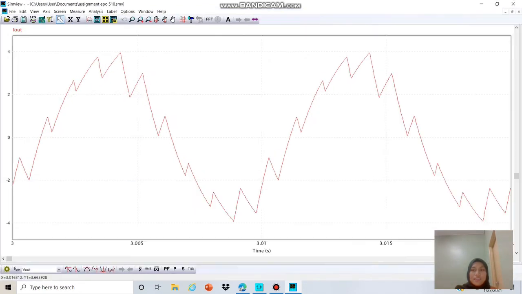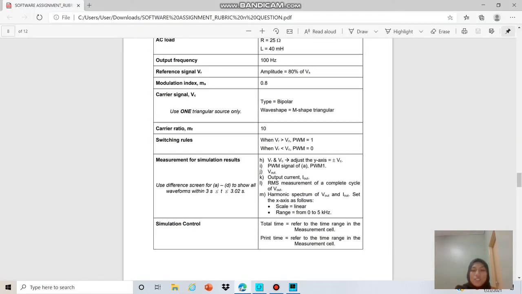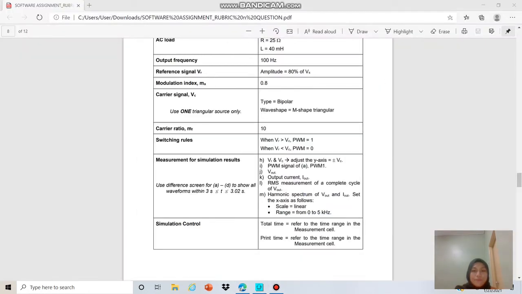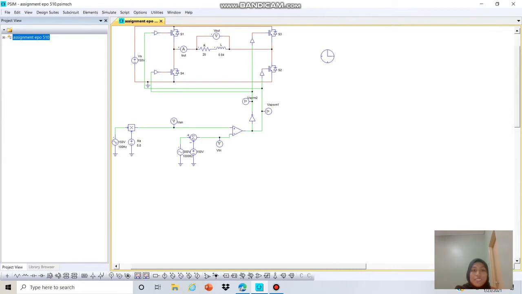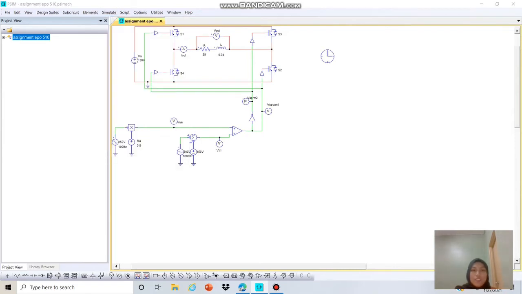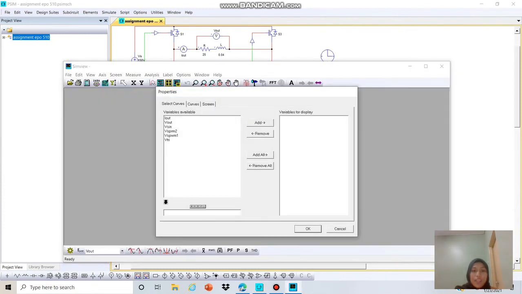Next, the question asks for the RMS measurement of a complete cycle of V out. So the first step is still the same. You run the simulation and then choose V out. This is the waveform of V out.